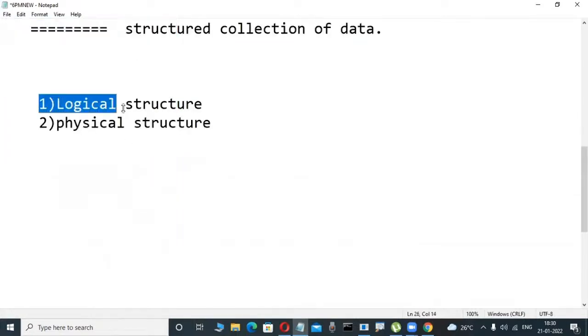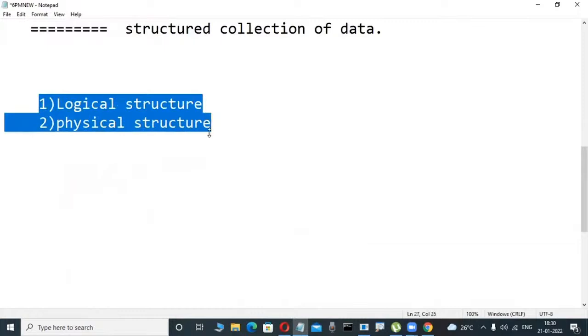Now observe. First, two types of structures are there: logical structure and physical structure. Anybody in our class, maybe computer students from an academic background, where DBMS theory, the database management system paper is there, MTech, MCA, BTech, BCA, MSc computers, tell me briefly: what is the difference between logical and physical structure?